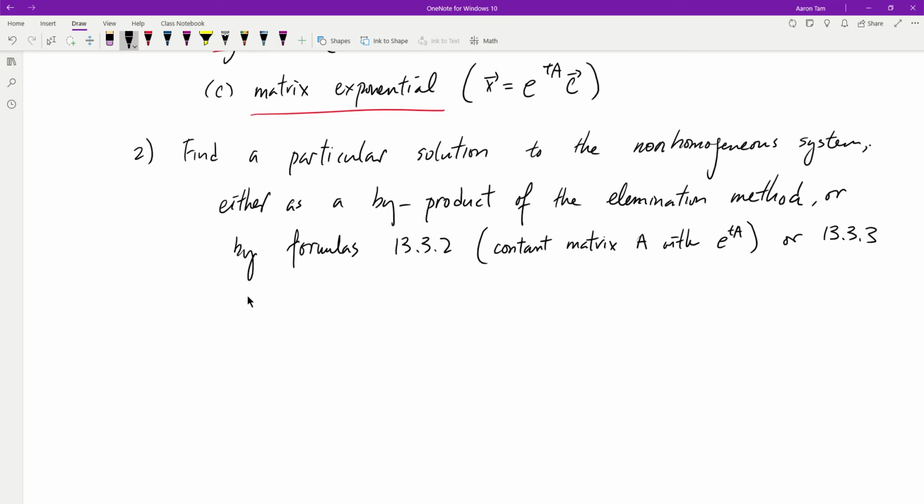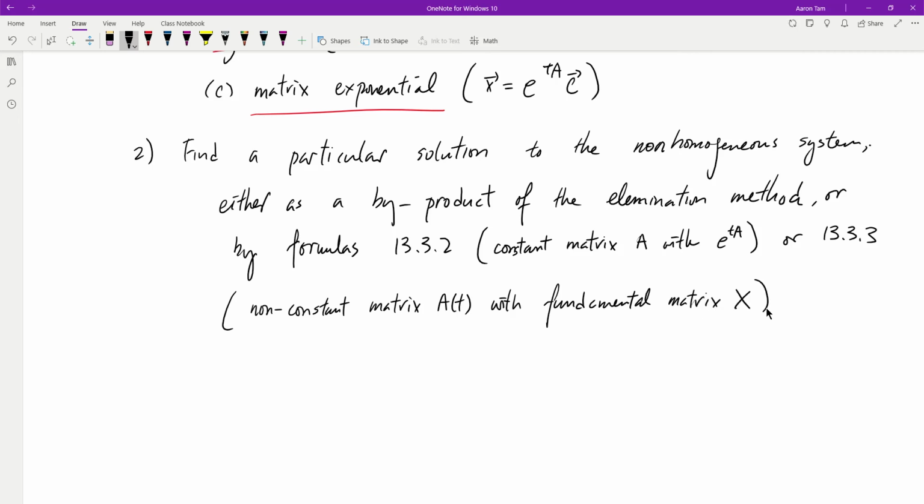Or 13.3.3, which is using non-constant matrix A of t with fundamental matrix capital X. And then once you did both of these, what you're going to do is simply write your solution.